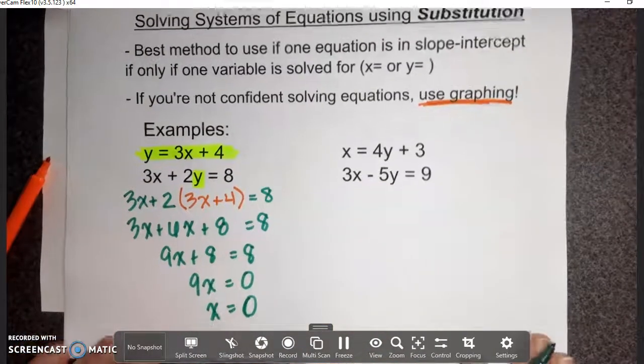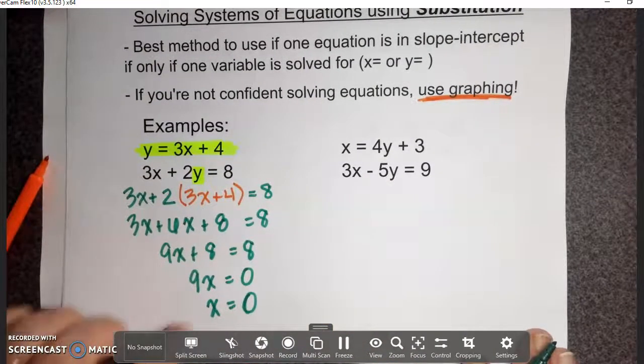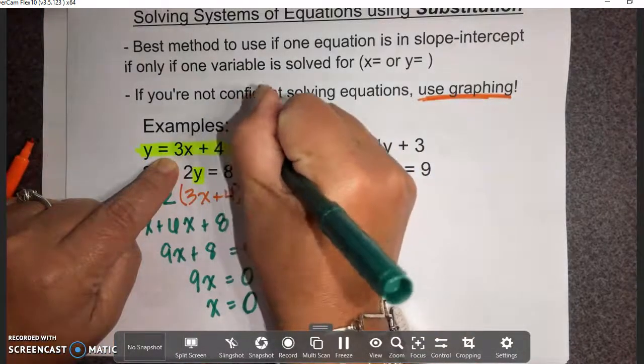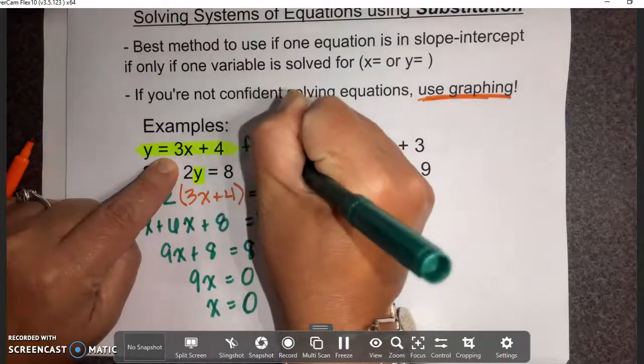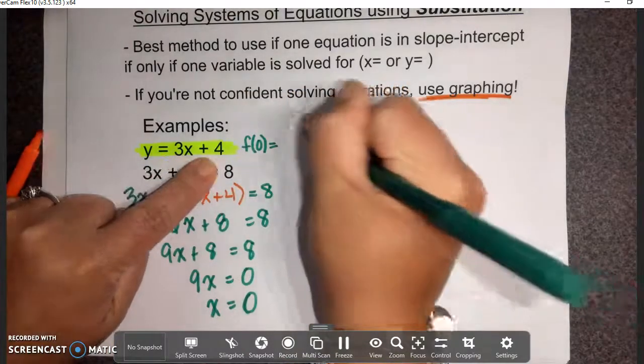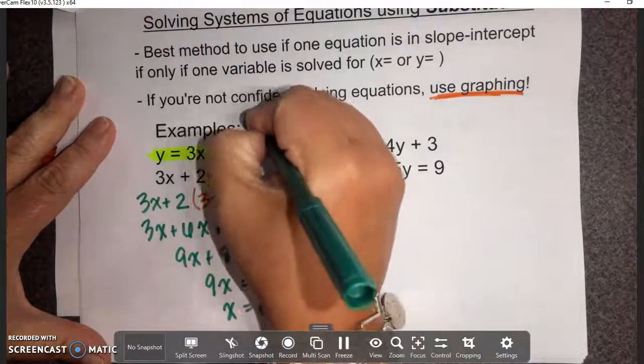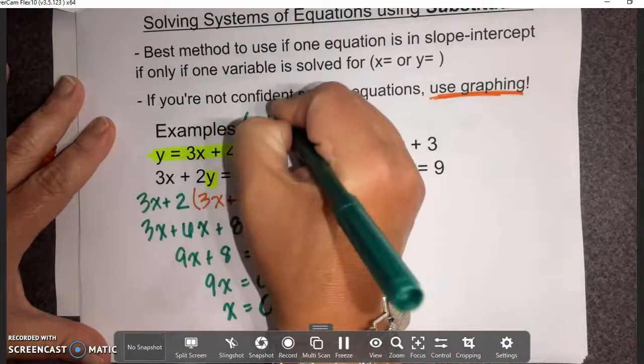Well, that gives me x. So when my x is 0, I'm plugging this back in and I'm going to find f of 0. When my x is 0, then my y is 4. So my solution is 0, 4.